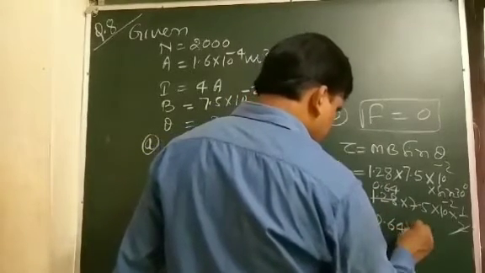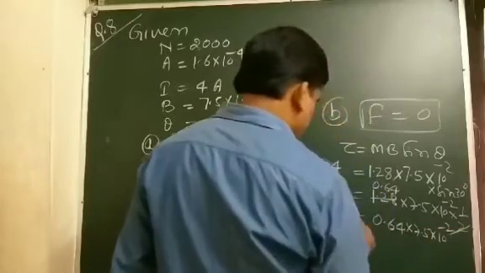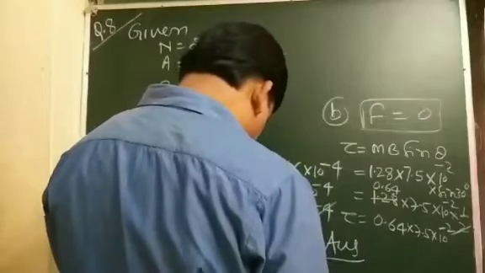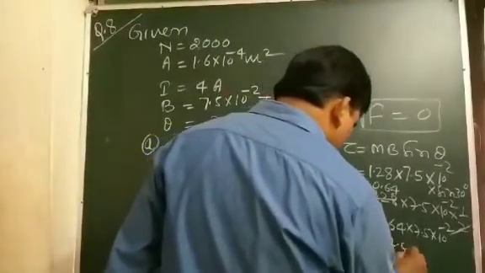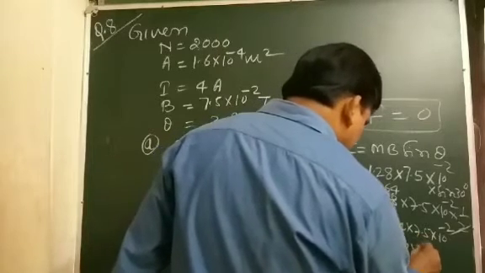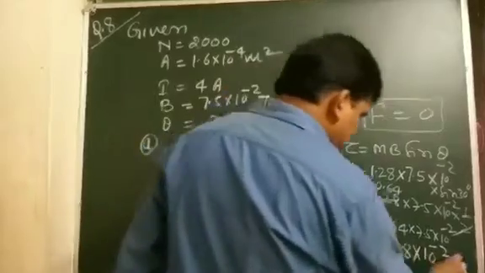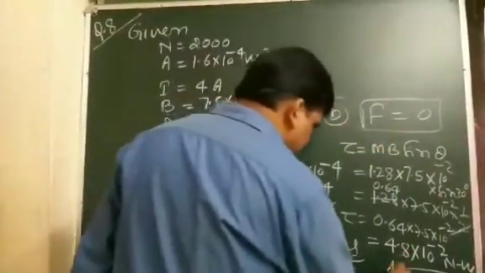So 1.28 × 7.5 × 10^-2 × 1/2, which is 0.64 × 7.5 × 10^-2. After solving this, it comes out to be 4.8 × 10^-2 Newton meter. This is the answer for question number 8.